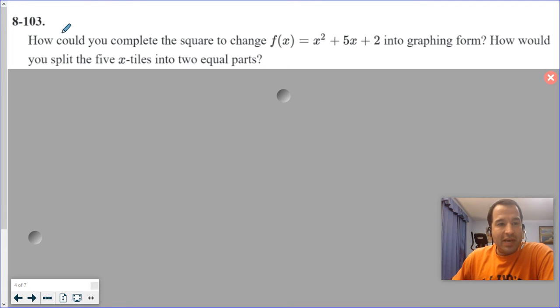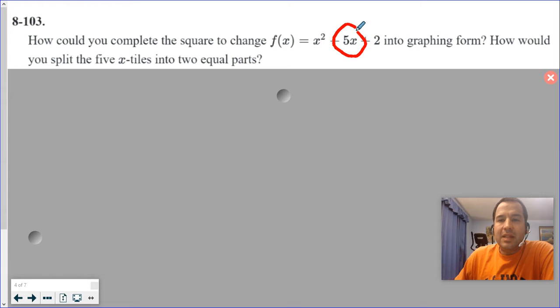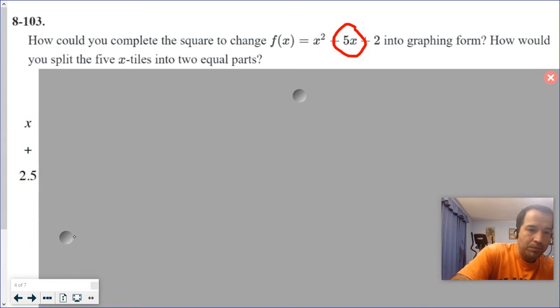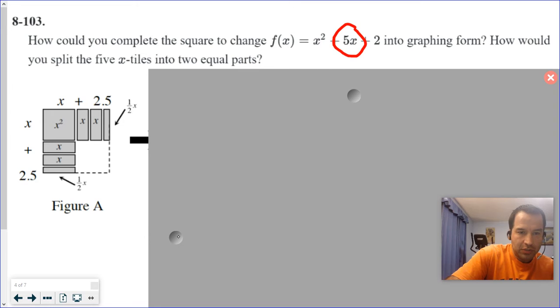Let's take it a step further now. Problem 103: how could you complete the square to change f of x equals x squared plus 5x plus 2 into graphing form? Well, we've got to split that up in half. You guessed it, we are going to have to go into partial squares here.